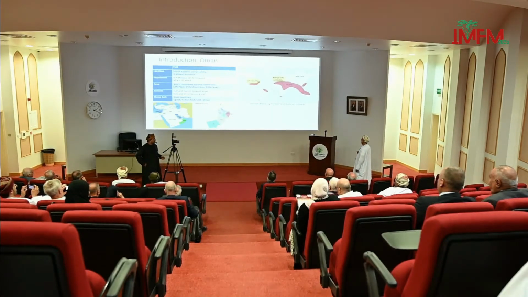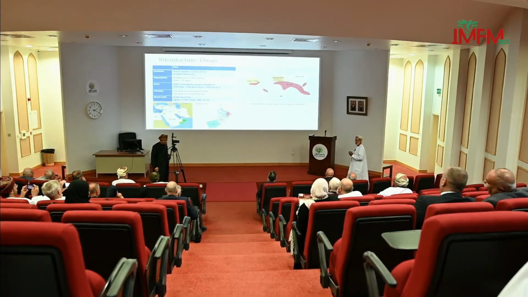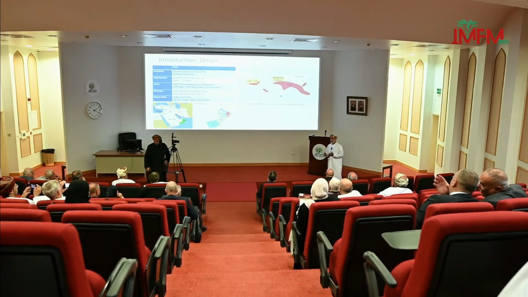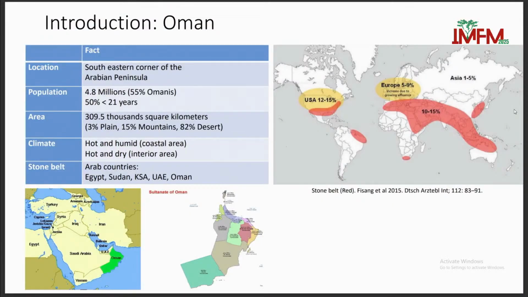Oman is in the stone belt area because of the hot, dry weather. As inhabitants of this country, we are more prone to formation of stone disease. As you can see here, other countries in the stone belt are the Arab countries: Egypt, Sudan, Saudi Arabia, United Arab Emirates, and Oman.